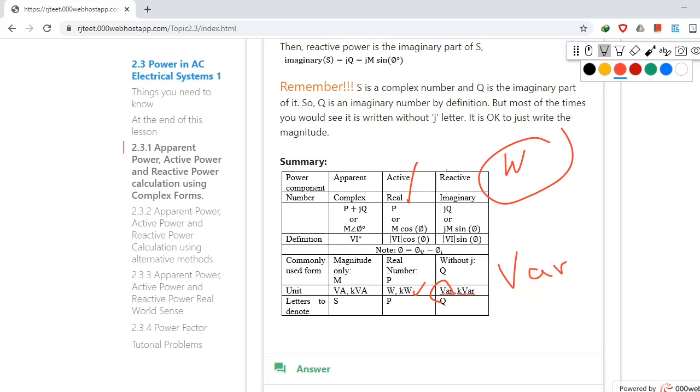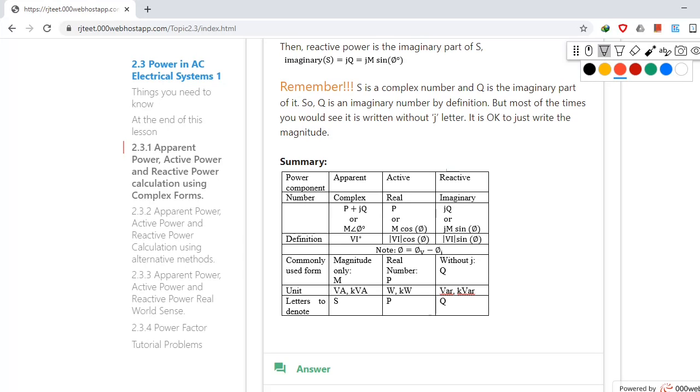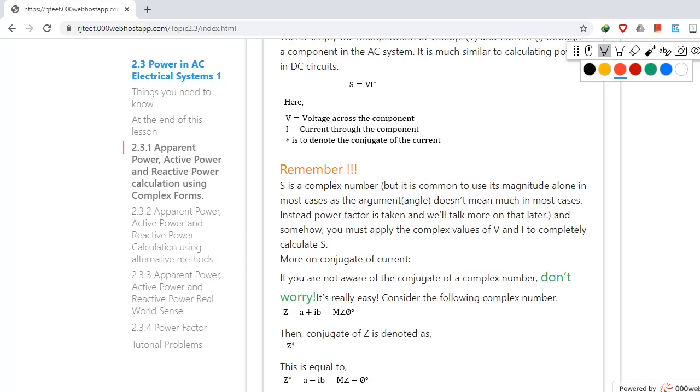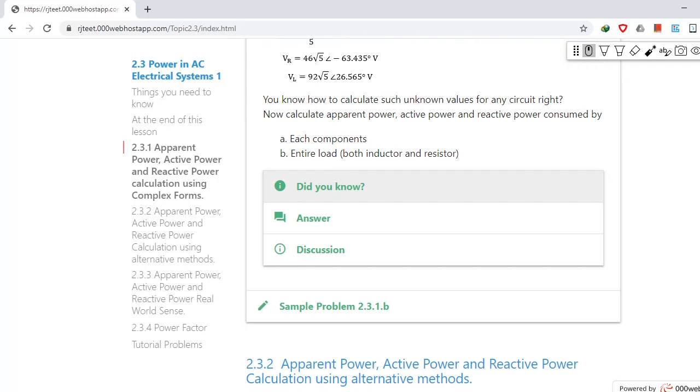And you may see any prefix in front of that, like kvar, kilovar, or megavar, etc. And in summary, these things you should remember and are going to be very helpful in the time to come. So I hope you understood. So if you have any question, you may go through the reference notes.